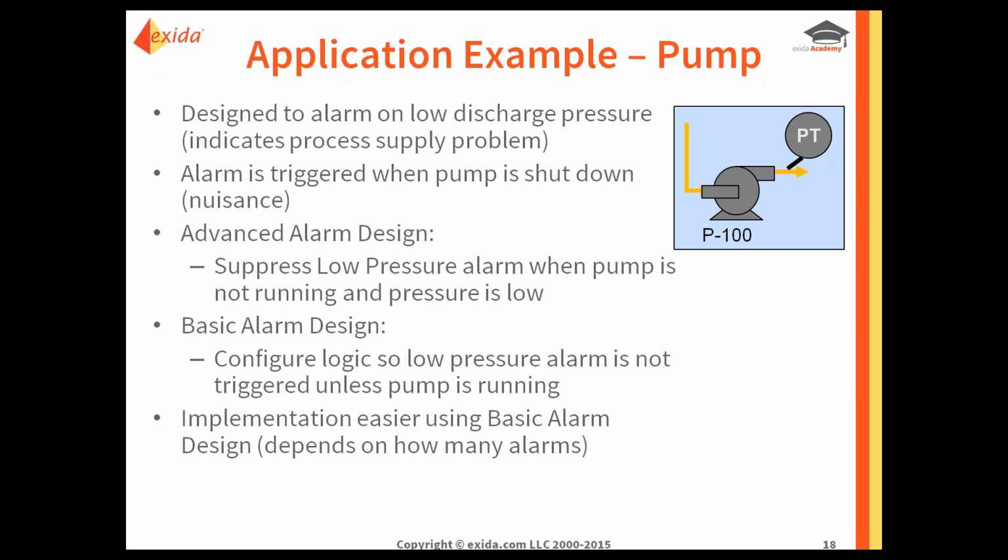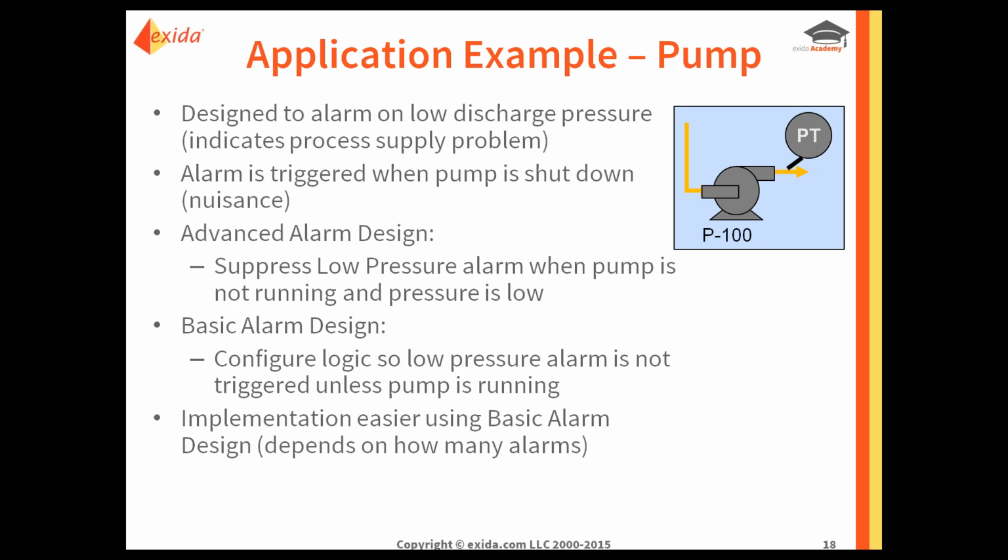So why would this be important, and how would it show up? One example is in the design of alarm configuration for a pump and its associated low discharge pressure. Let's say we have a pump and we have a low discharge pressure alarm configured to indicate that there is a process supply problem.